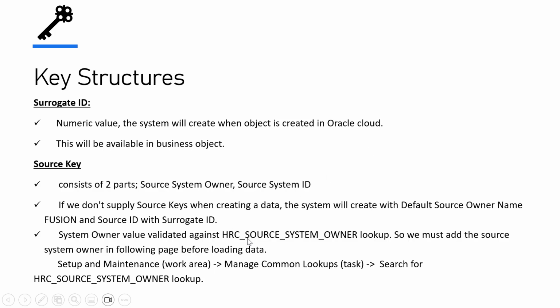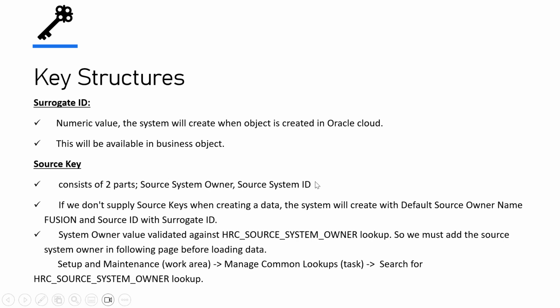Take an example: a customer is migrating data to Oracle Cloud from two different systems. Whenever data comes from two different systems, the same key may be available in both systems.